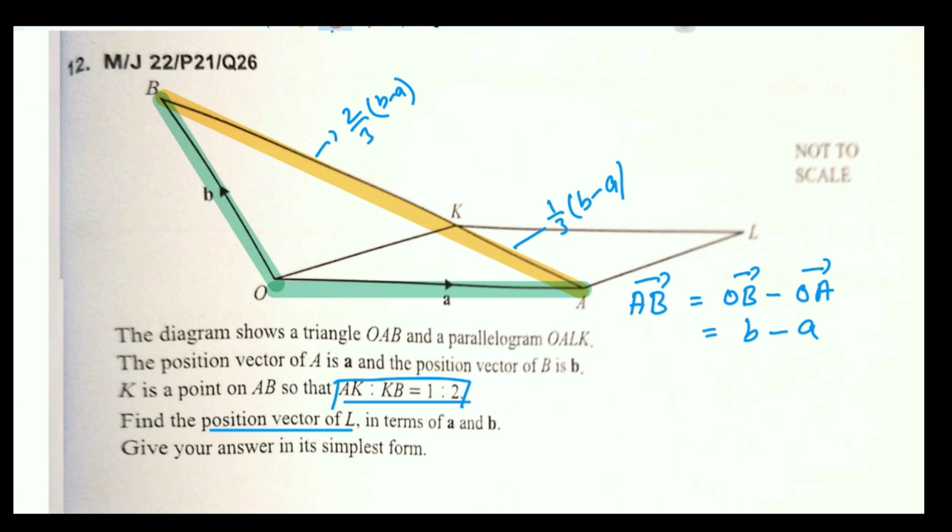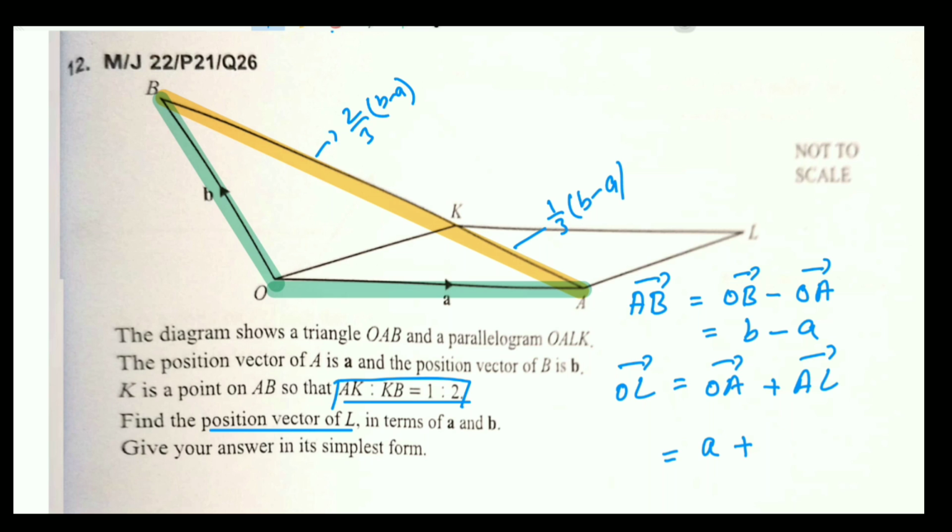Now we can just write OL. How to find OL? OA plus AL. So OL is equal to OA plus AL, and OA is a, plus AL. AL is similar to OK.